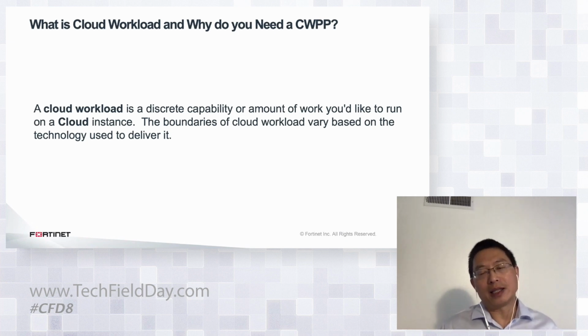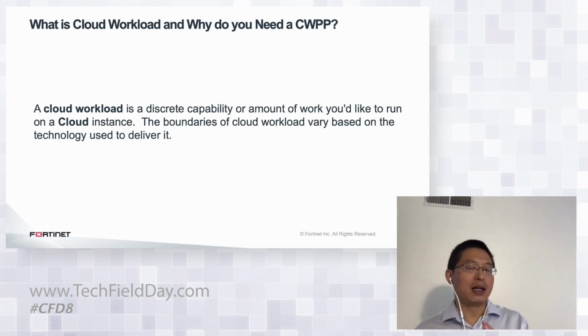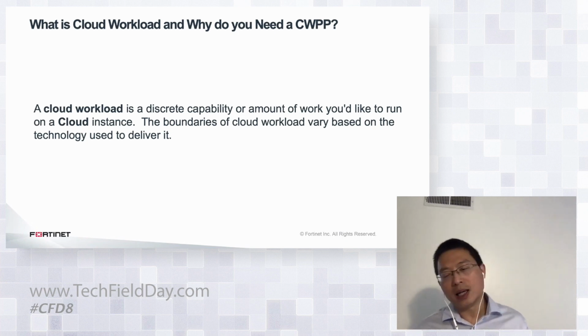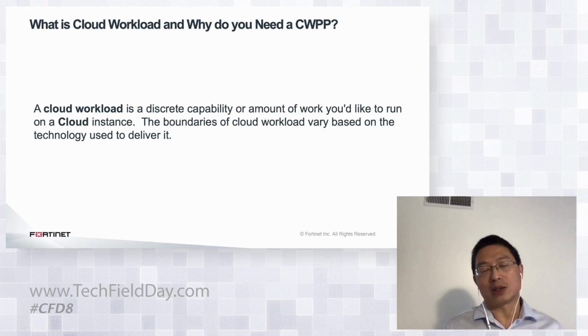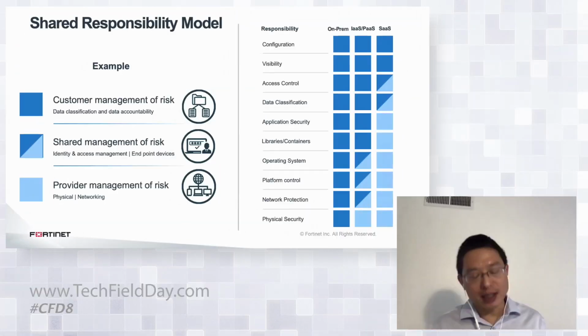When you migrate your application to the cloud, it's no longer in that kind of form factor, at least not logically. It becomes stuff like the computing power would be one resource or one workload, and in AWS it's called EC2, and the storage is called S3 bucket, stuff like that. So a cloud workload is basically a discrete capability or amount of work you'd like to run on a cloud instance.